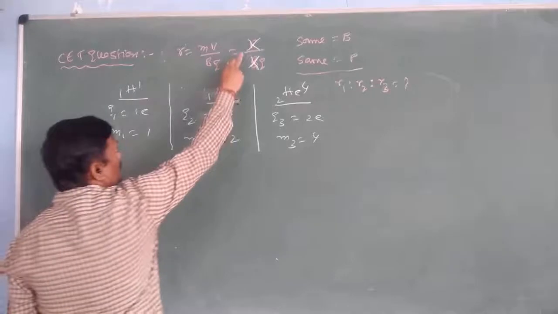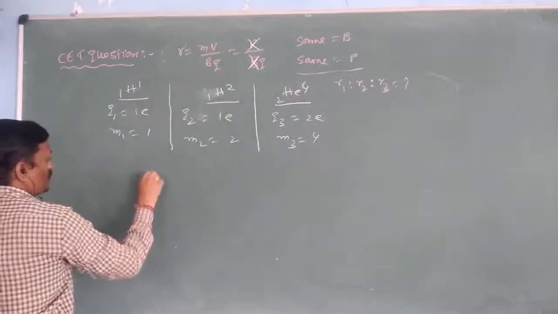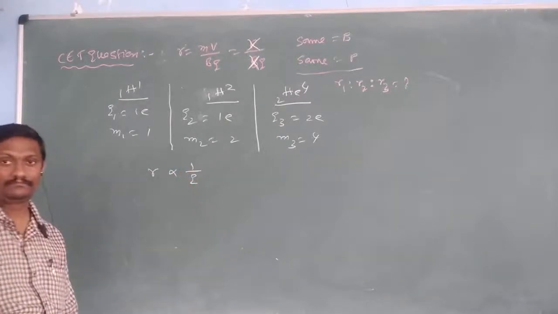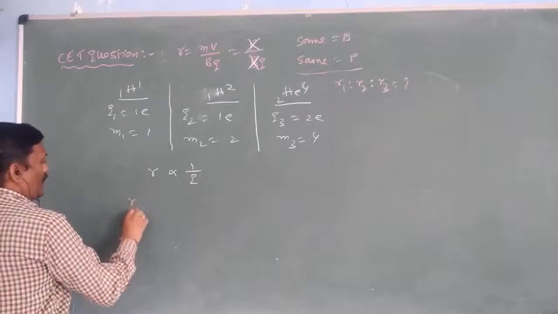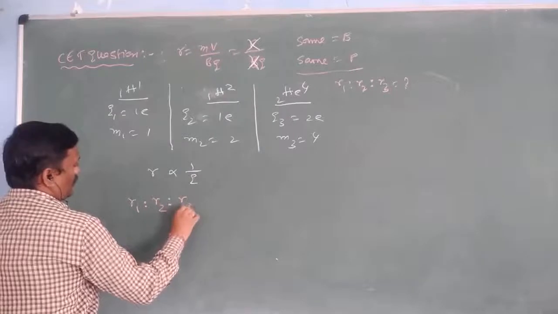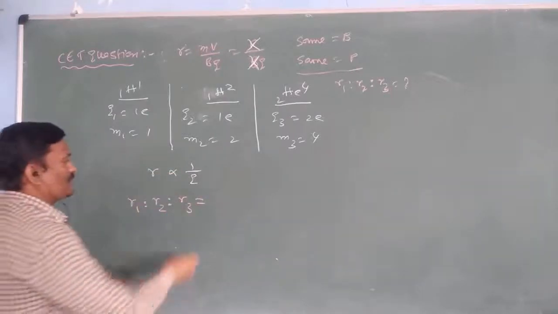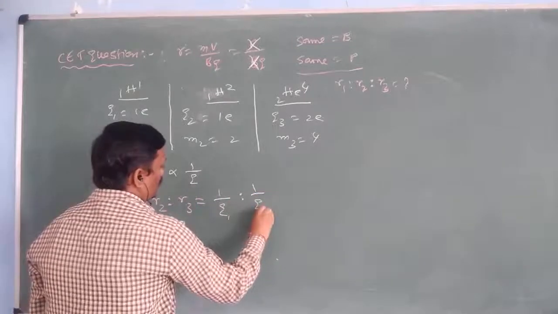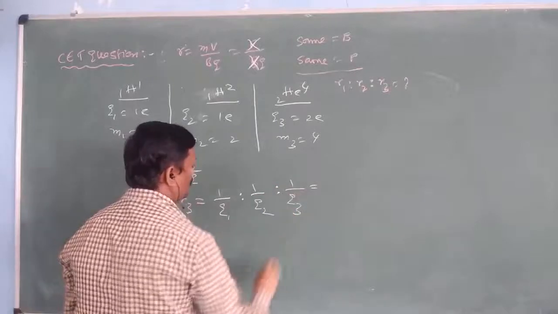Here momentum mv is constant, and B is constant. Then radius is inversely proportional to charge. By using this formula, the radius ratio R1 is to R2 is to R3. Here R1 means 1 by q1, R2 means 1 by q2, R3 means 1 by q3.